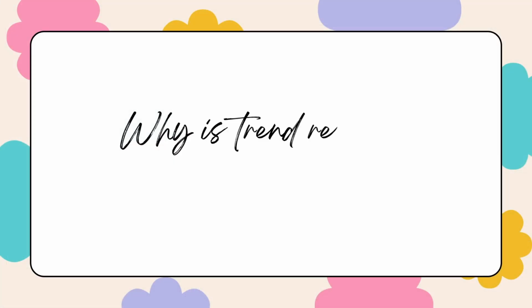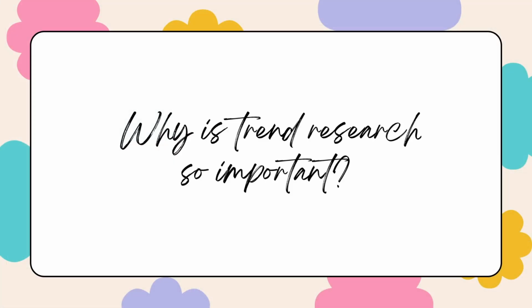Okay, so if you've ever felt stuck on what to sell on Etsy, or you've wondered why some products sell and others don't, well, the secret really is trend research, and here is why it matters. So trending products will get way more visibility because Etsy loves showing shoppers what they're already searching for.